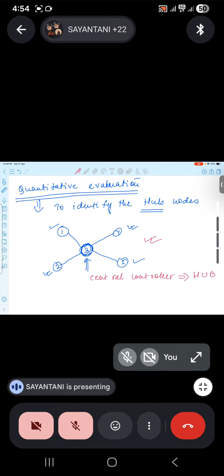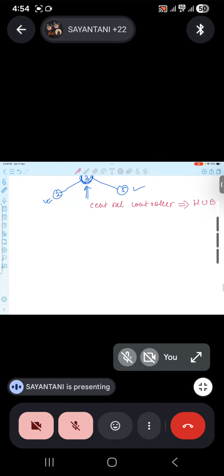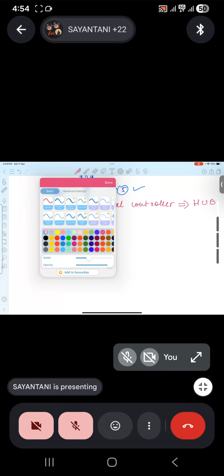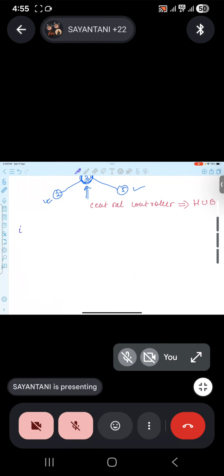We are going to deal with 2 types of important features that help us identify a hub. The first feature is degree centrality.